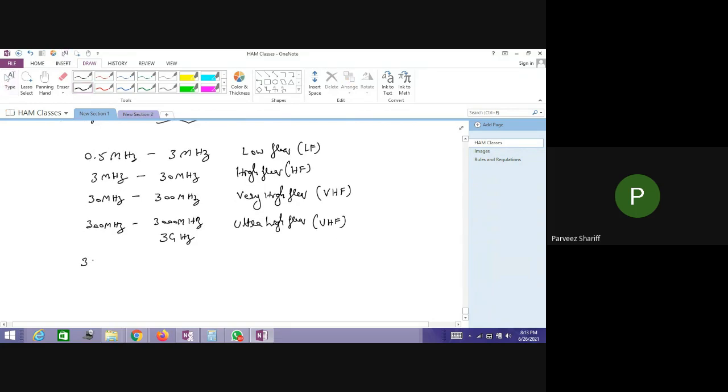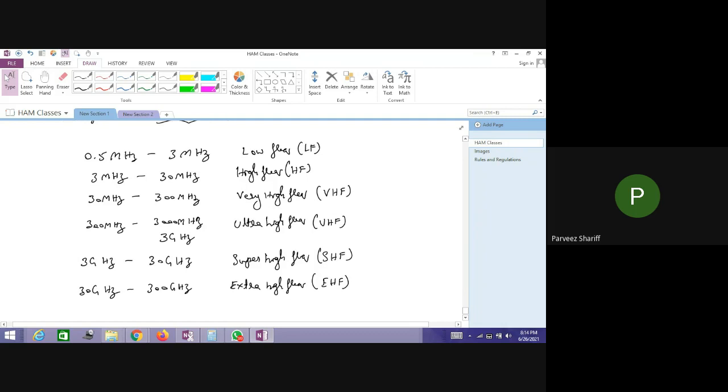And then 3 gigahertz to 30 gigahertz, it is super high frequency, SHF. And 30 gigahertz to 300 gigahertz, it is extra high frequency. It is EHF. Okay, so at least you should remember these 4 categories.